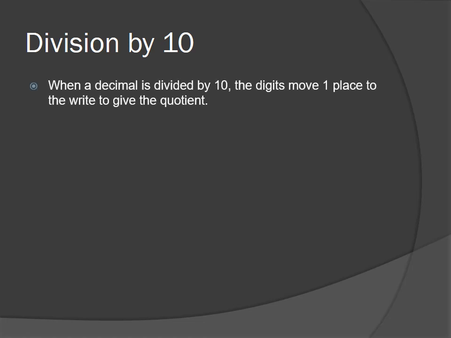Division by 10. When a decimal is divided by 10, the digits move 1 place to the right to give the quotient. So the example is 23.41 divided by 10. When we are multiplying, we have to move the decimal point to the right side, but when we are dividing, we want to move that decimal point to the left side.